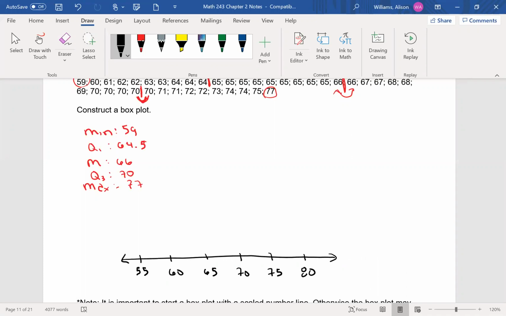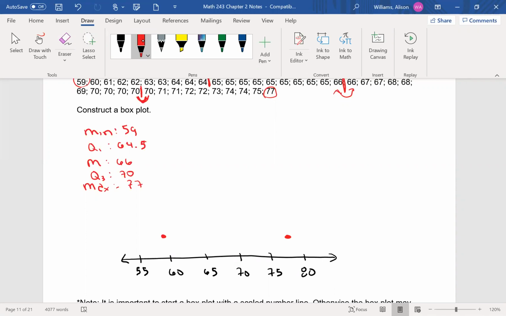All right, so I'm going to go ahead and draw this information. So 59 means that my first endpoint is just a little to the left of the 60. And my last endpoint, 77, should be kind of in the middle here between the 75 and the 80. Now I'm going to use Q1 and the median and Q3 to draw my box.